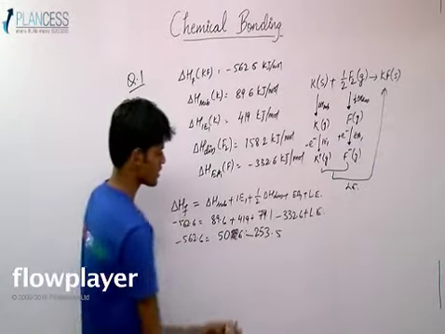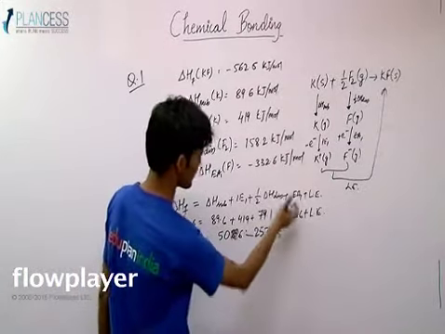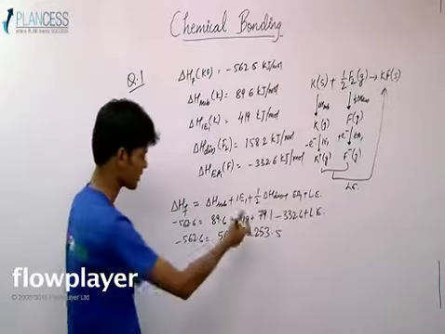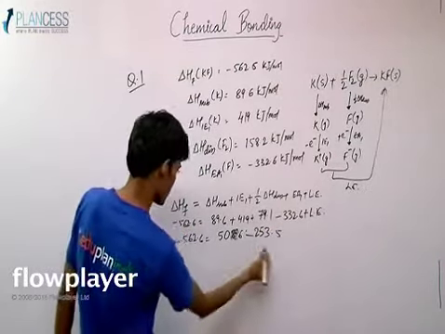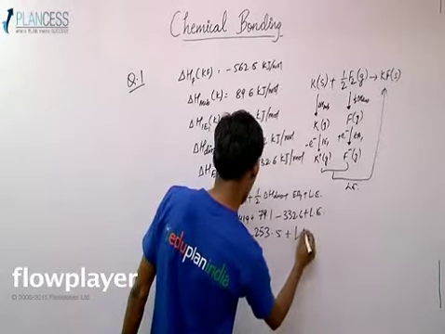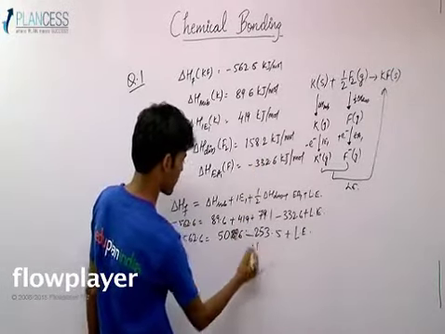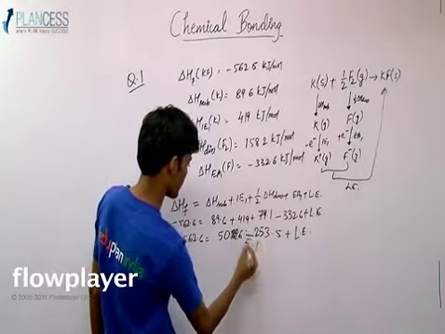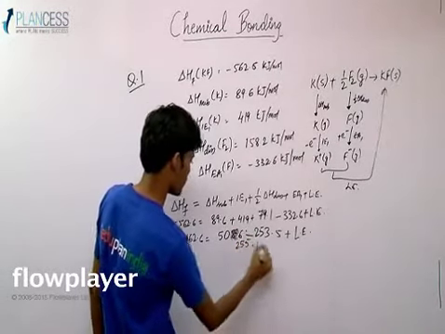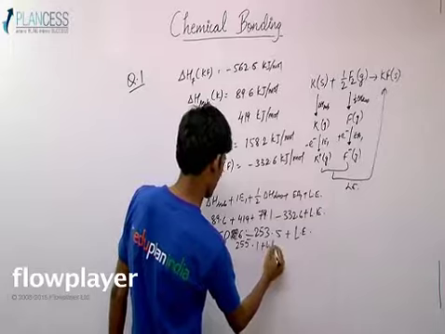Fine. So just check the calculation. Is this correct or not? I think it's correct. So plus lattice enthalpy. So when we subtract it from here, we will get the lattice enthalpy.